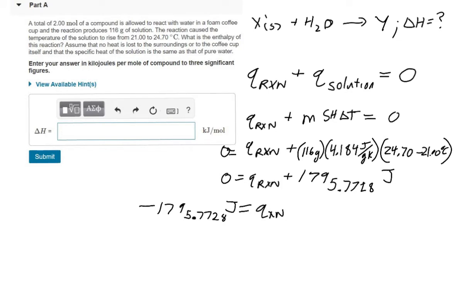Okay, so that's in joules. We need to convert to kilojoules because that's what they're wanting, so I'm going to go ahead and do that.